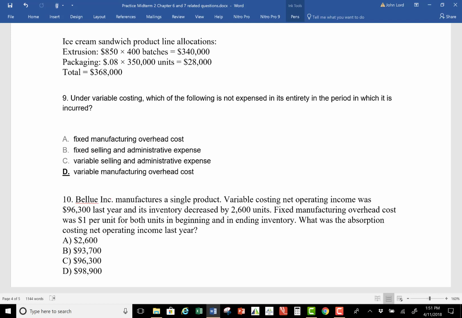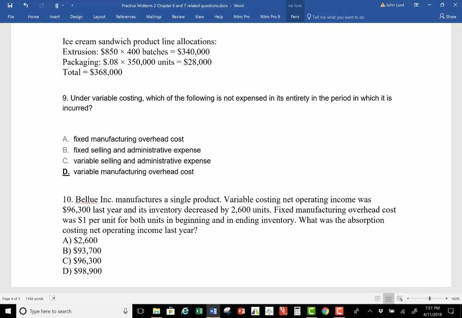Under variable costing, we treat it as an expense for the period. We'll expense it, right? So what happens? If we have a situation where our inventory levels have gone up, absorption costing will have the higher net income.